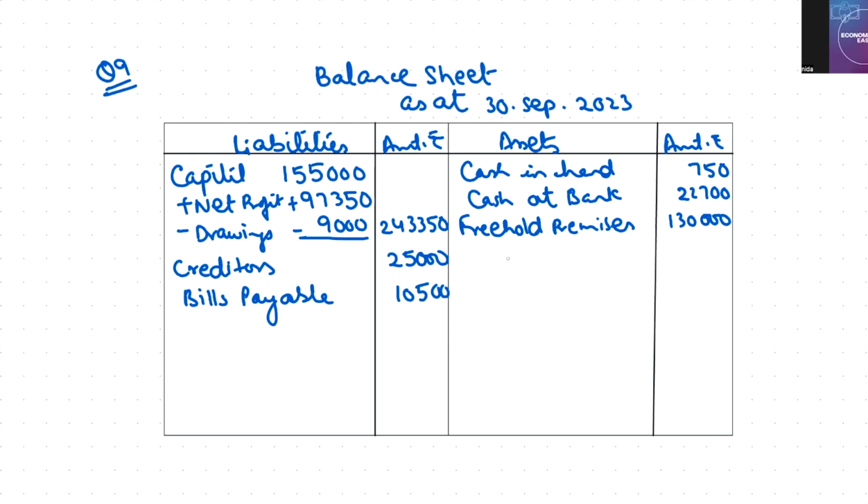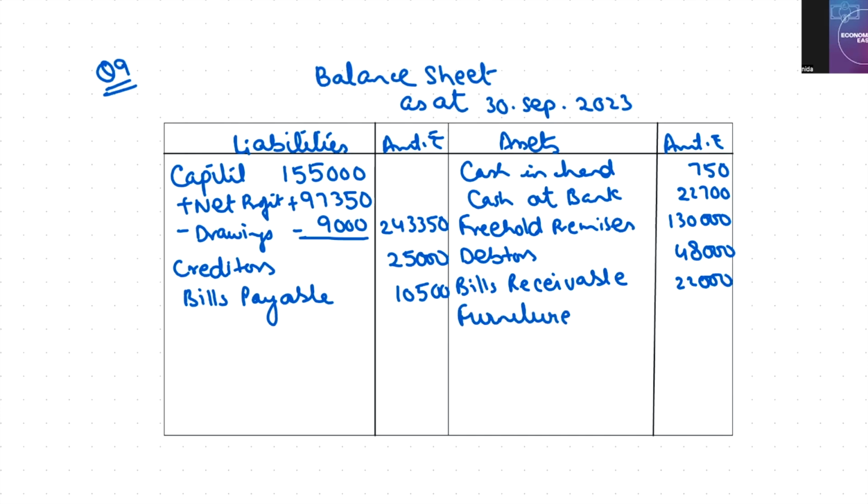Then debtors 48,000. Then bills receivable 22,000. Then furniture 15,400. And very important, closing stock. Okay, this is the most important thing, closing stock 40,000.